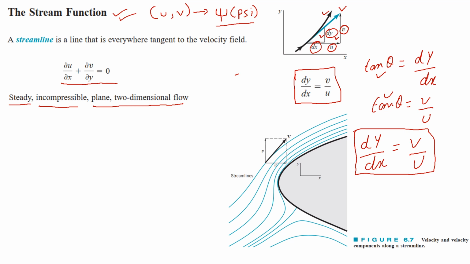If we take these assumptions, that our flow is steady, incompressible, and in a plane two-dimensional flow, then this is how our differential form of continuity equation will look. So what the stream function does is it gives us a single term psi to represent these two velocity vectors.